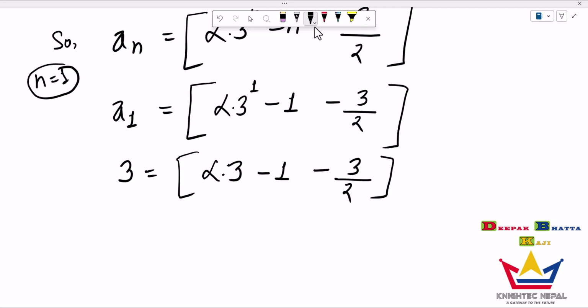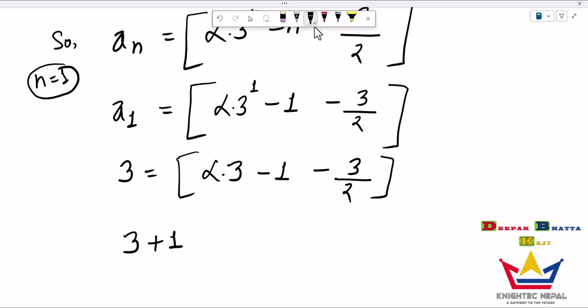So now we can make it in a simple way, that is 3 plus 1. So make this left hand side part, put it in left hand side part, so minus sign.